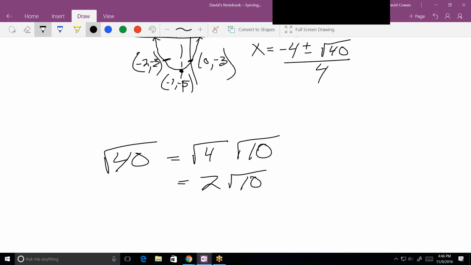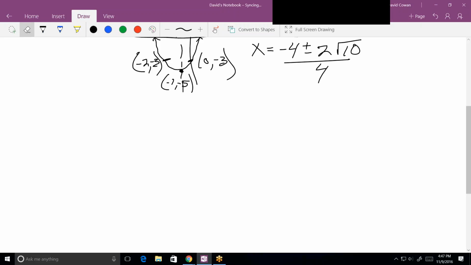Now, I cannot simplify root 10 anymore. Root 10 could be written as root 2 times root 5, but neither of those are perfect squares. So you wouldn't do that. You'd leave it as 2 root 10. Now if I go back up here and substitute 2 root 10 instead of root 40, can I simplify it further?